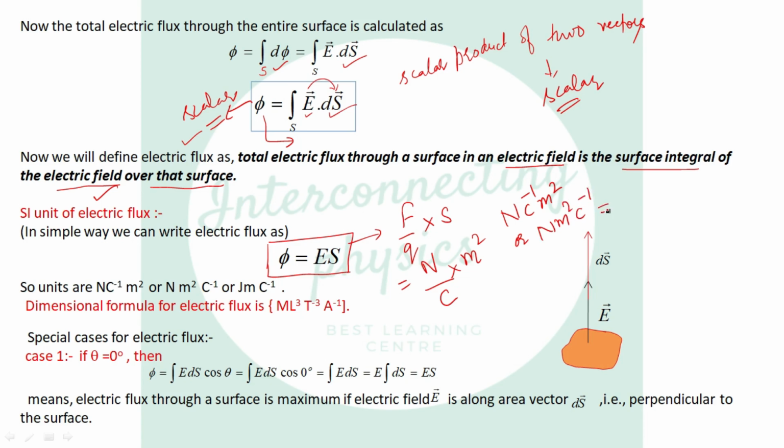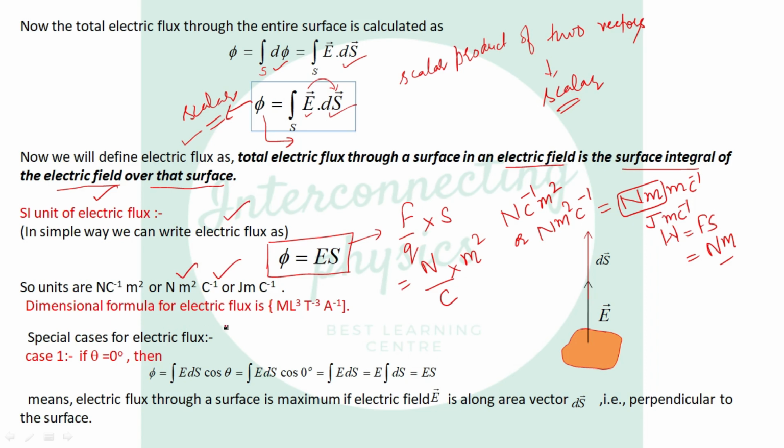These units are also written as Newton meter per Coulomb. What is Newton meter? Work done is force into distance, so Newton meter can be written as joule. So Newton meter square Coulomb inverse or joule meter Coulomb inverse, both are units of electric flux.